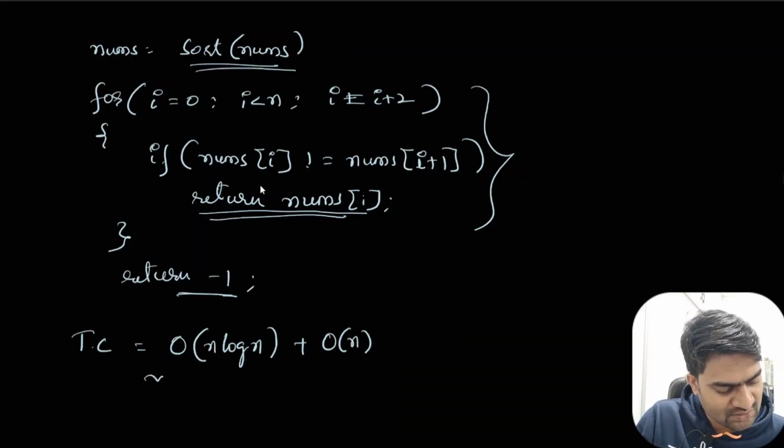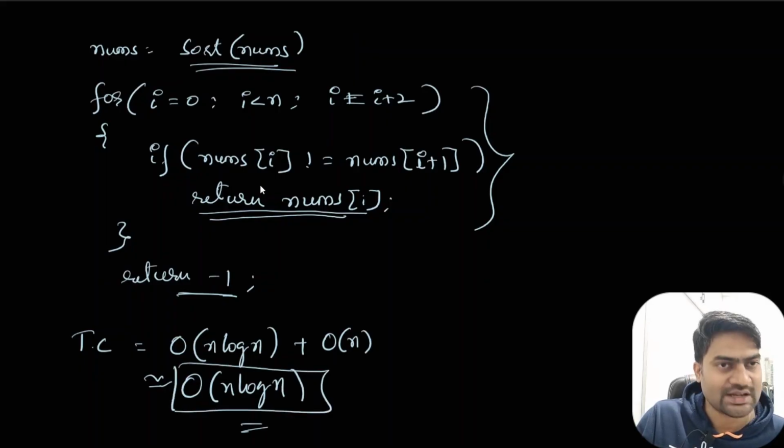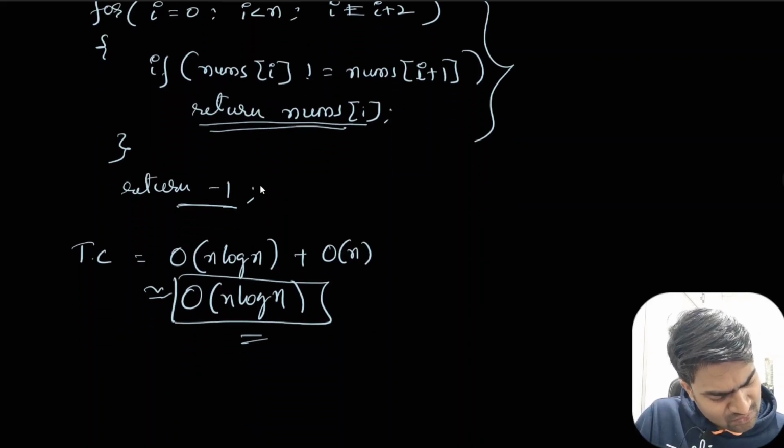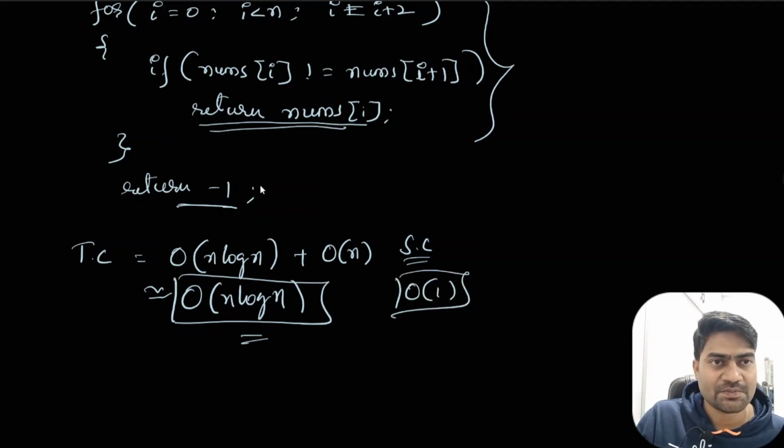So overall it is close to order n log n. So this is our time complexity for this particular solution. Okay, now what is the space complexity? It is of order 1 again, because there is no extra space that is used.